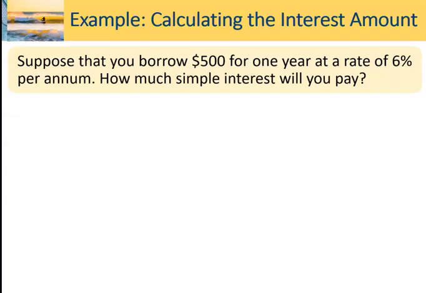Let's pause the video for a couple of minutes and see if you can calculate this one. Use I equals PRT. You want to figure out how much simple interest you will pay, so that is your I.